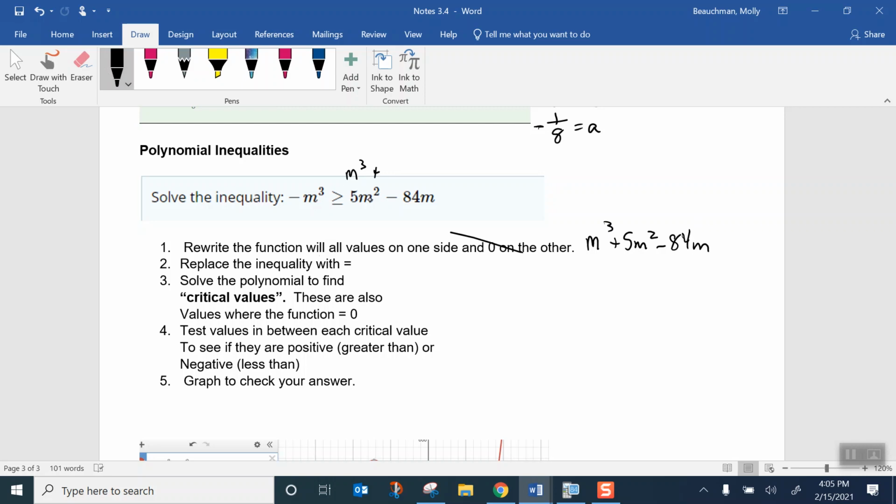If I take the m to the third over, I'm going to have less than or equal to 0. So I want to solve the inequality m to the third plus 5m squared minus 84m less than or equal to 0. Why did I put it that direction?